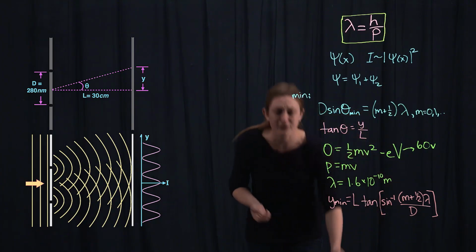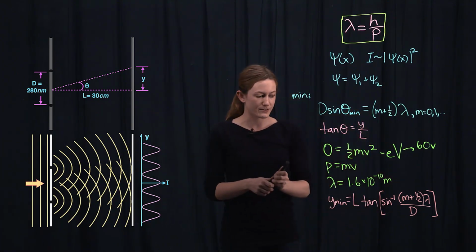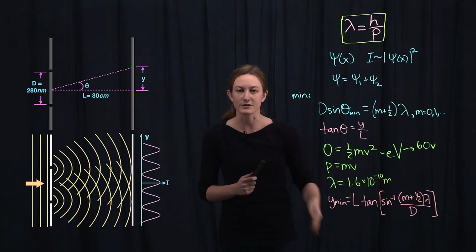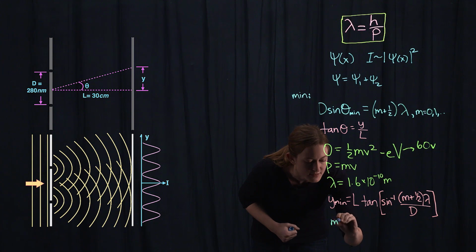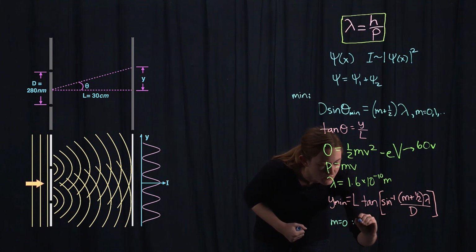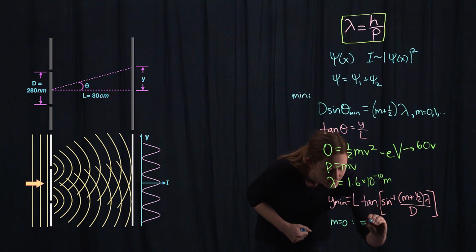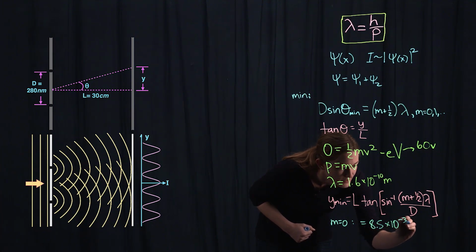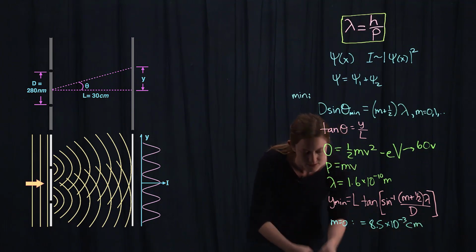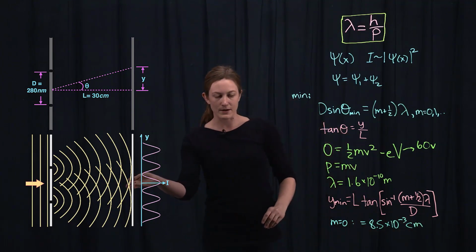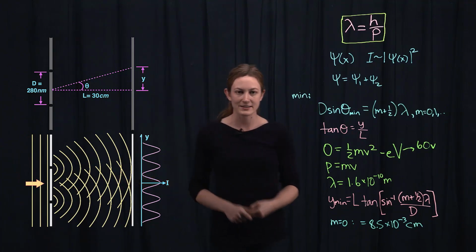Okay, so for instance, plugging in the numbers for m equals 0, the first minimum above the center, we would get y min equals 8.5 times 10 to the minus 3 centimeters. So that would be the first minimum above the center in this intensity pattern.